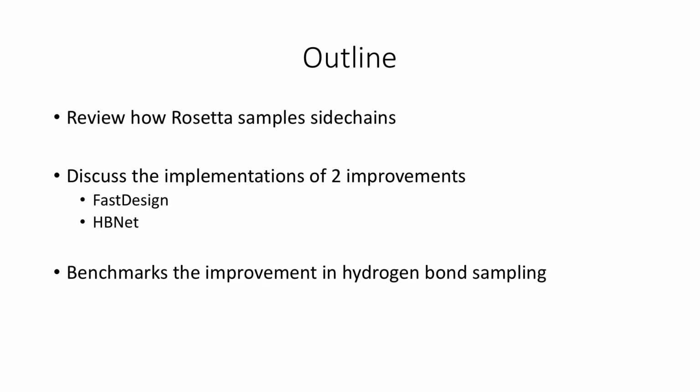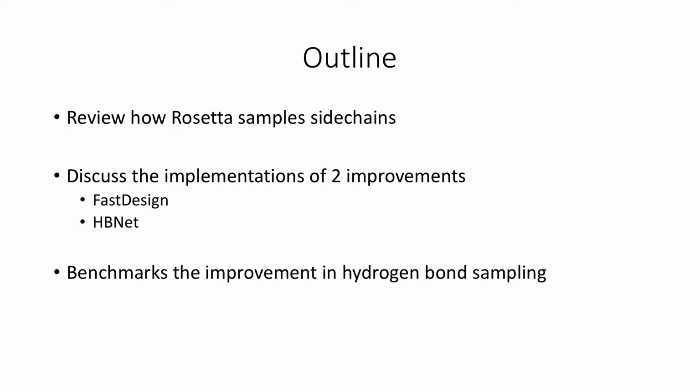So just to outline what I'm going to talk about, I want to do a quick review of the status quo, how Rosetta samples sidechains when designing interfaces. And I'd like to discuss two implementations of improvements that we've made in the past few years. And then finally, I'd like to close off with benchmarks that show that these improvements actually improve hydrogen bonding sampling.